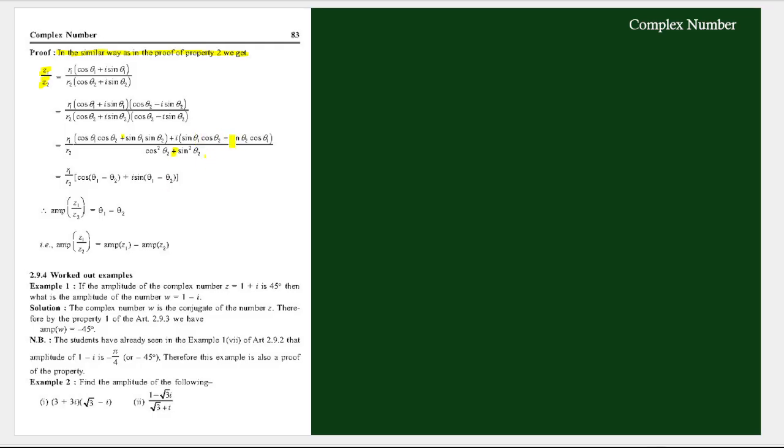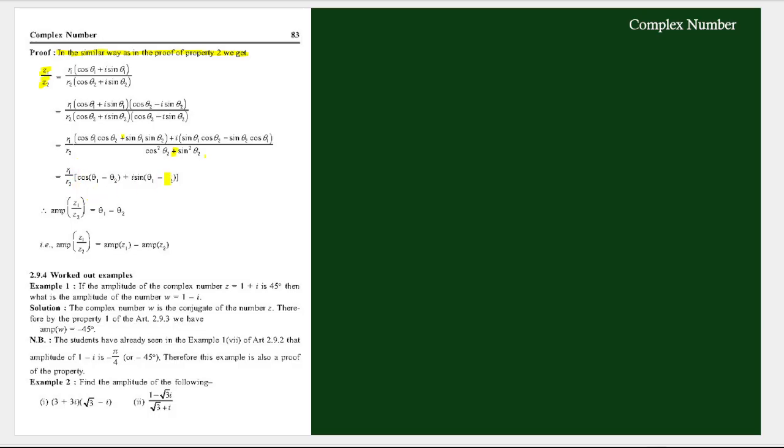So for sin it is minus, but for cos if it is minus then the answer will be plus; it is the opposite in cos. If sin is negative, then in the expansion also negative will come. So sin theta 1 cos theta 2 minus sin theta 2 cos theta 1, this is nothing but sin (theta 1 minus theta 2).